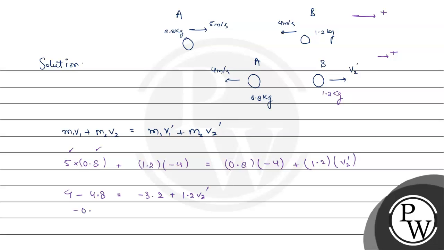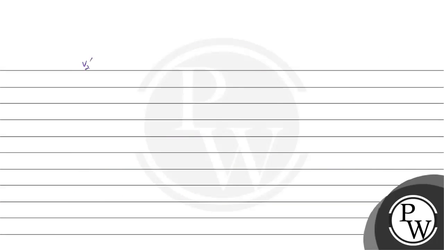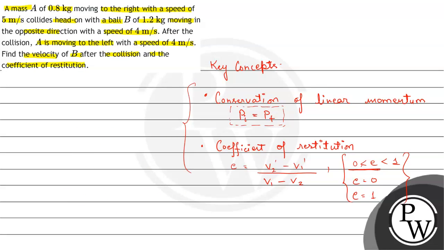It is minus 0.8 is equal to minus 3.2 plus 1.2 V2'. From here, V2' is equal to (minus 0.8 plus 3.2) over 1.2, so it is 2.4 upon 1.2, which is equal to 2. So V2' comes out to be 2 meter per second. This is the final value of V2 which was being asked.